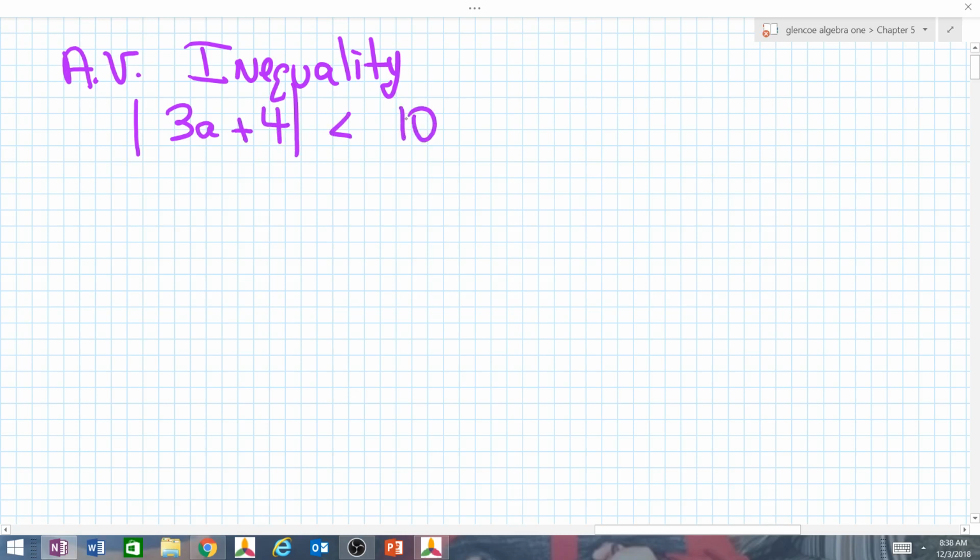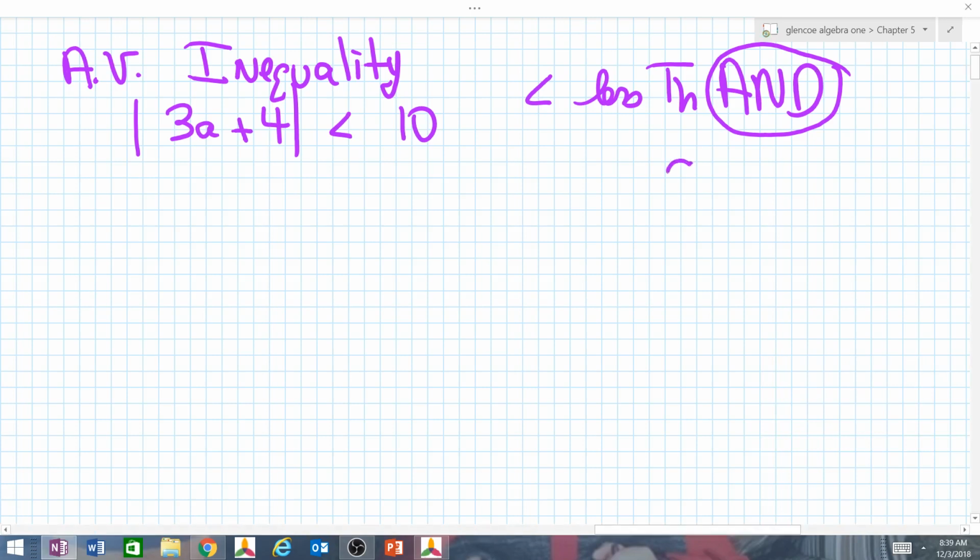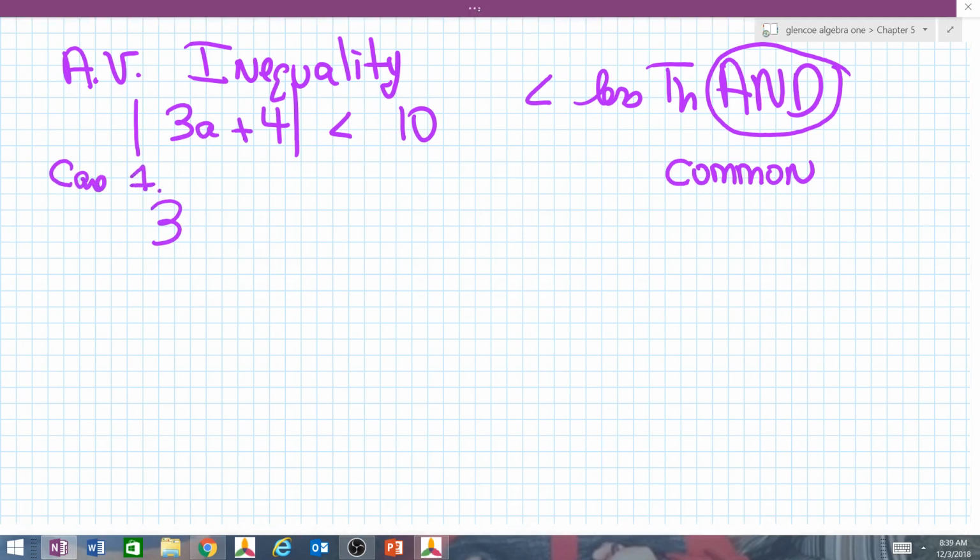So let's remember, less than, and we exaggerated it last week, is going to be an AND situation, which means the graphs are going to have what, guys? In common. Good job. What they're going to have in common. Okay, so let's make case 1. And let me give you some rules on case 1.